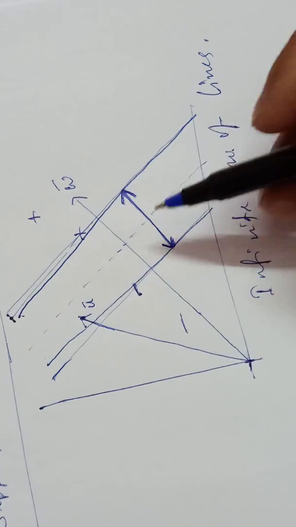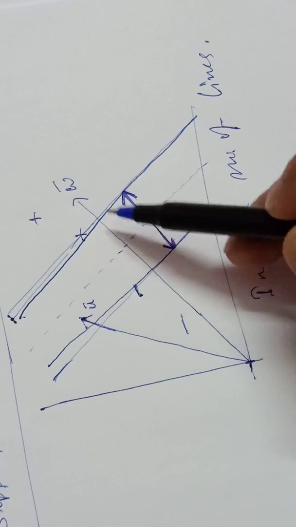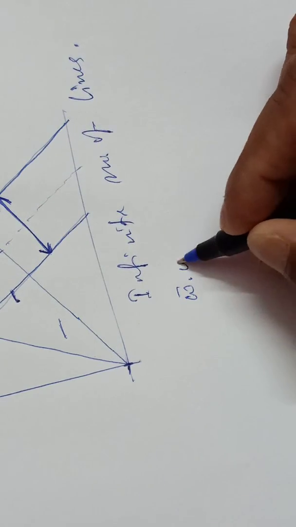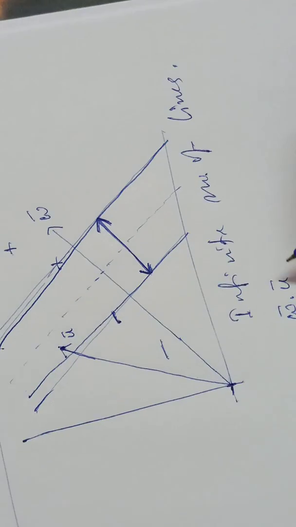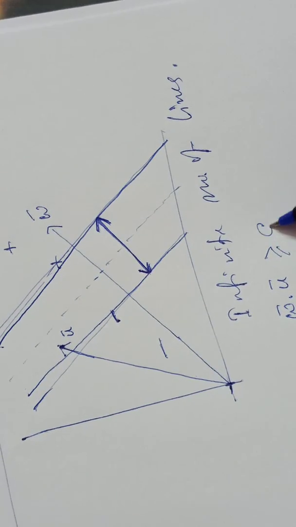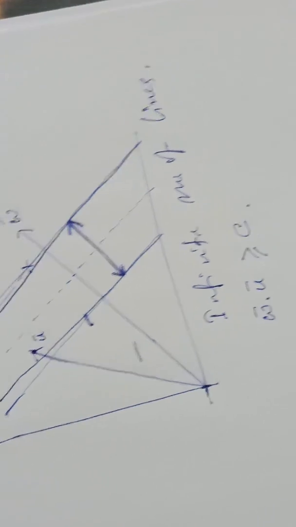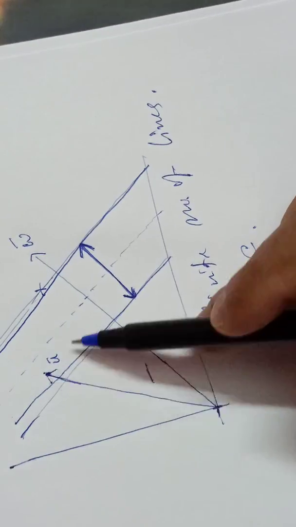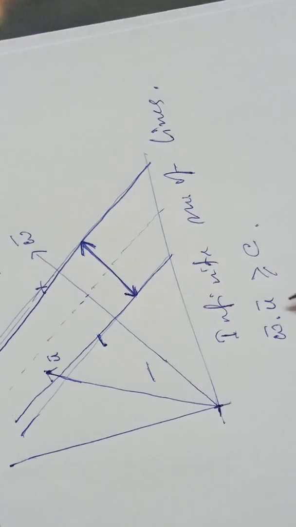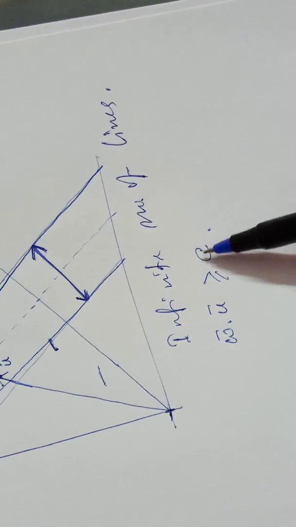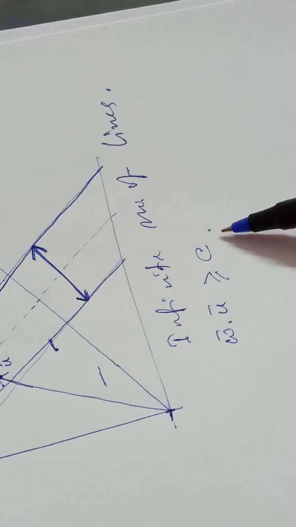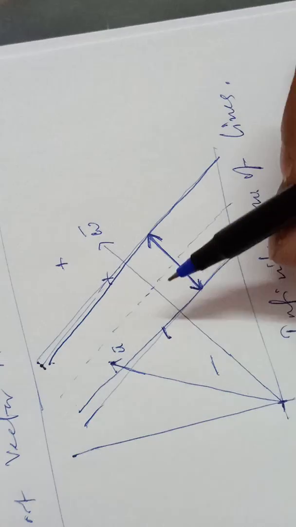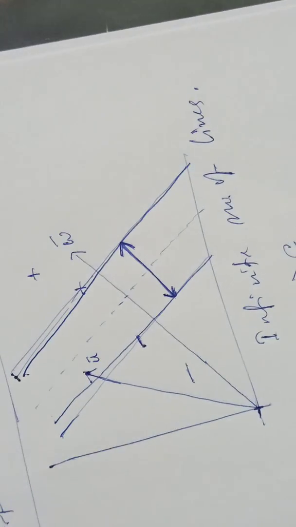If we project this data on W, that means W bar dot U bar, the unknown data projected on the normal, and we find this dot product. If this value is greater than or equal to C, then we say it is in the positive class. If not, then it is the negative class.